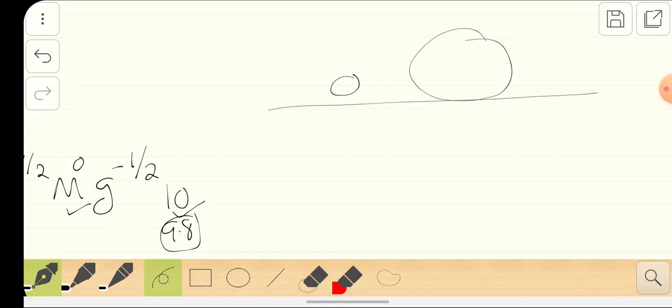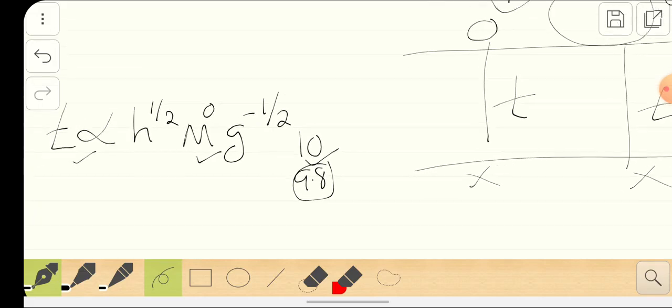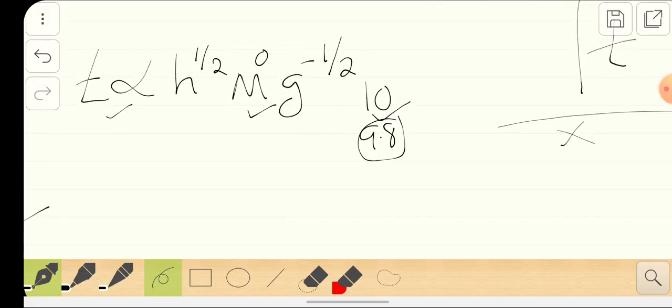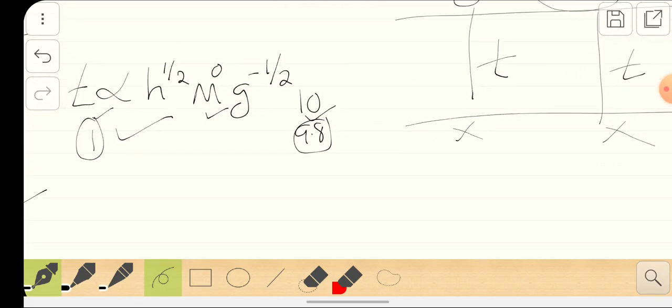If you can drop two things of different mass from the same height, they will fall to the surface in the same time. So it is mass independent. We have found that from dimensional analysis. That's the first thing. Now the second thing is that it is proportional to the square root of height.